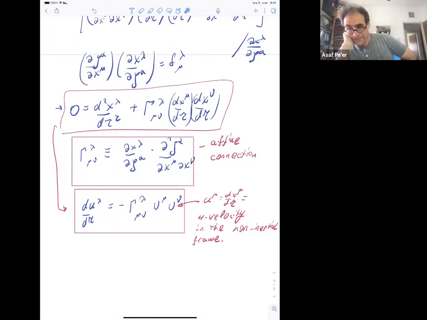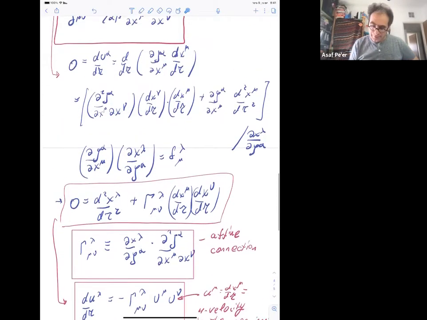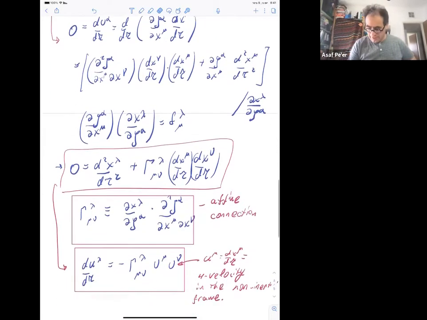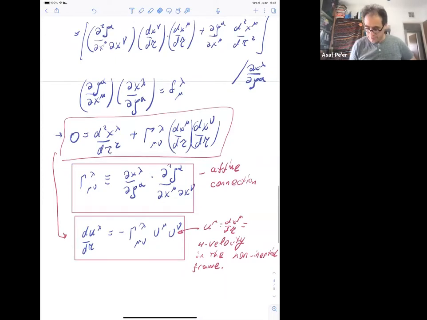Of course, if this was an inertial frame, that means that x would be related to xi, maybe by a shift. So when I take the derivative, it would just be constant. So it just means that g would be related to eta, and then the second derivative, of course, would disappear.